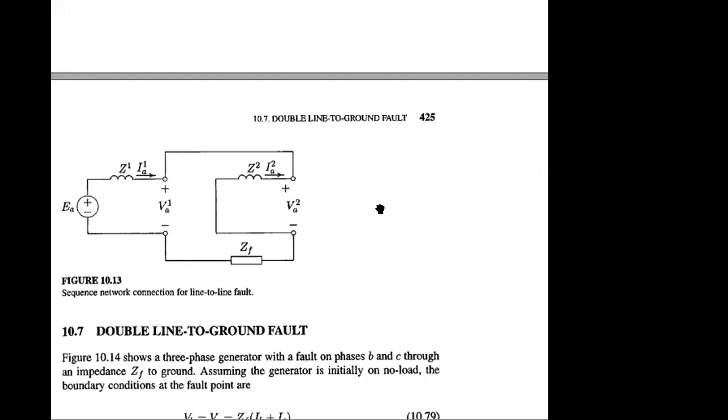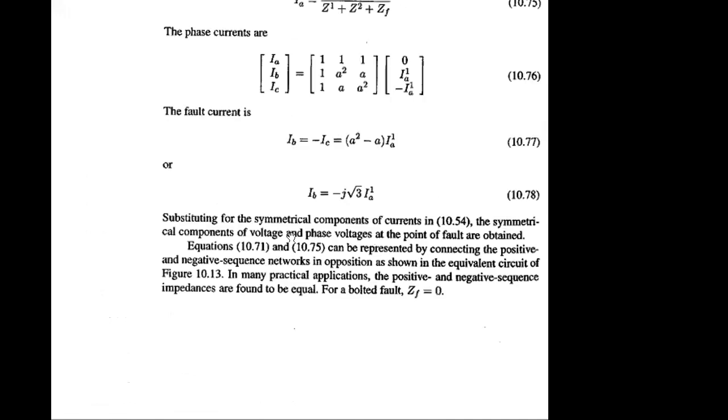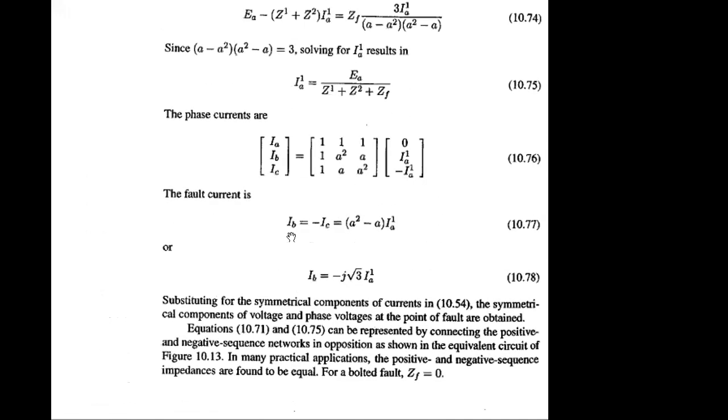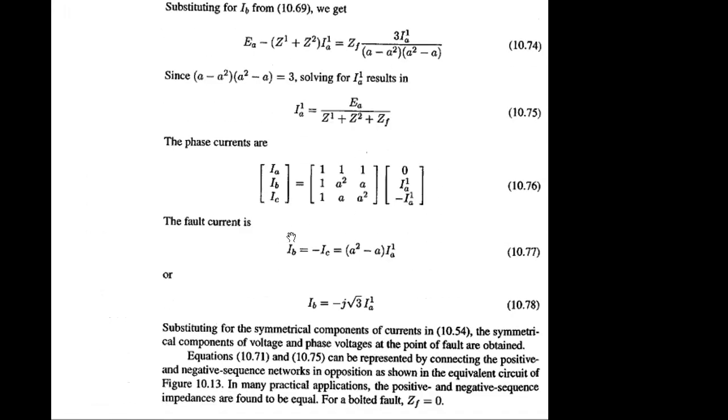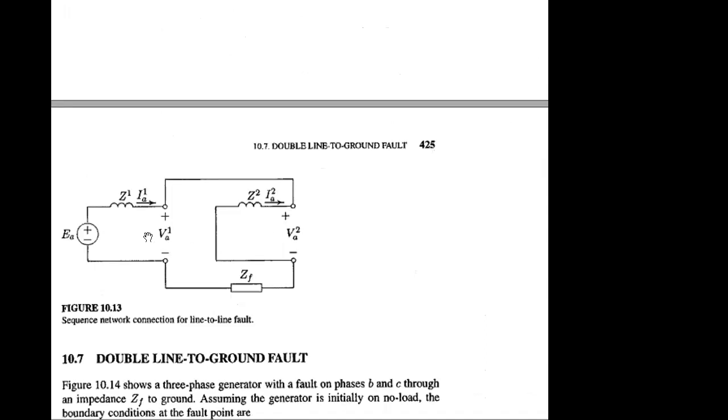And how are they connected? In which configuration? Parallel. Is that series? Oh, sorry, it is in series, right? Series, because these are connected in series. But if the zero sequence part were there, it would be parallel.